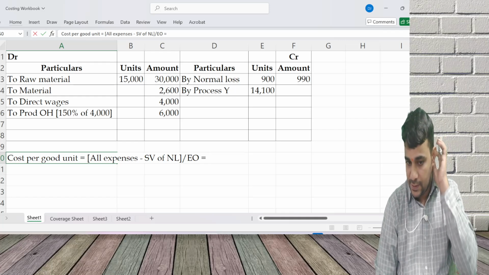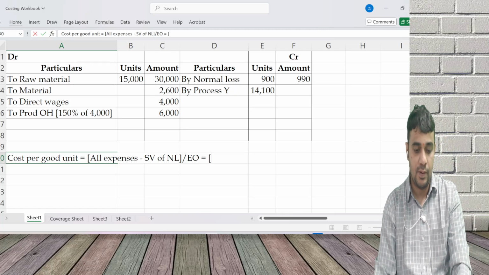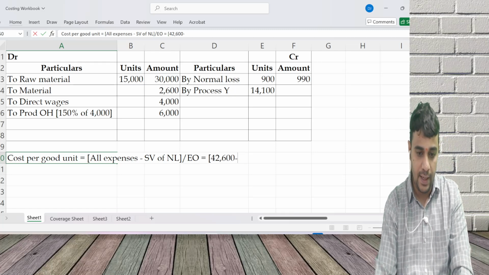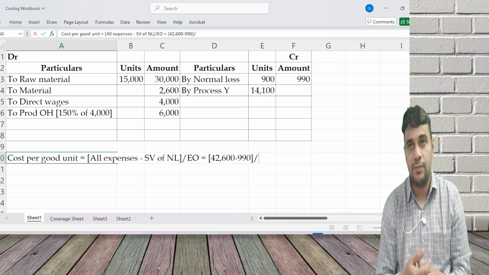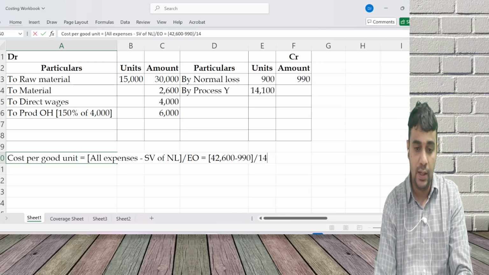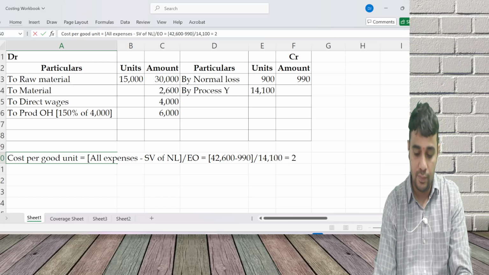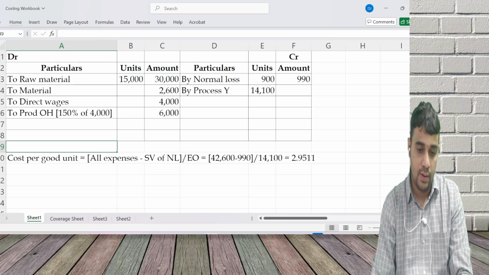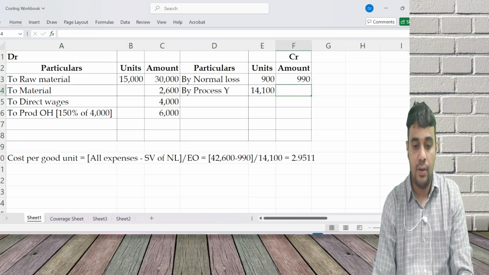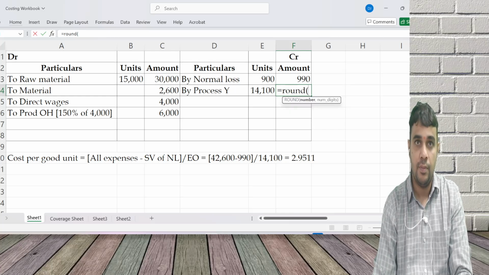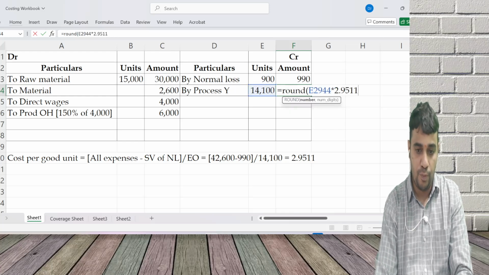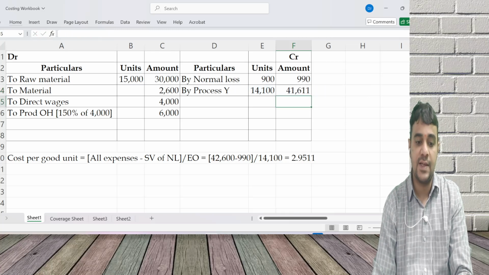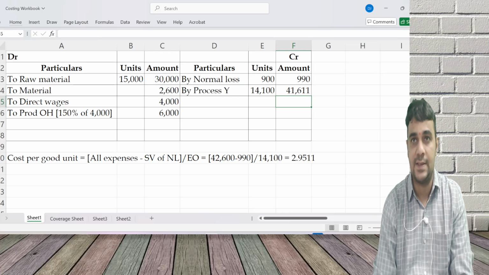Give me the total of expenses. 42,600 minus 990, divided by how much? 14,... 5 and 1. If I do 2.9511, I get 41,611. I'll take the balancing figure as 41,610, then only it will tally.